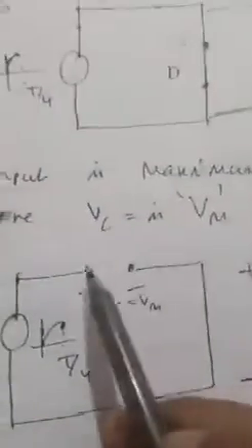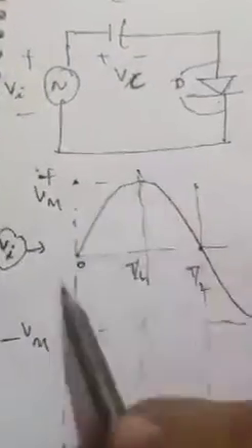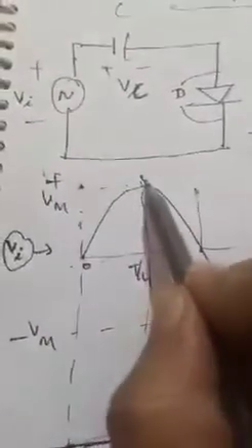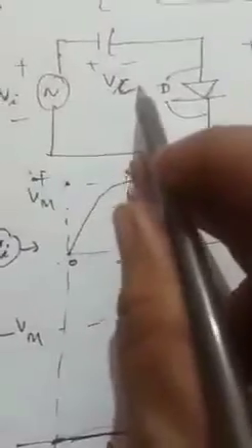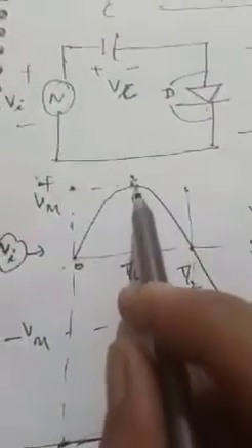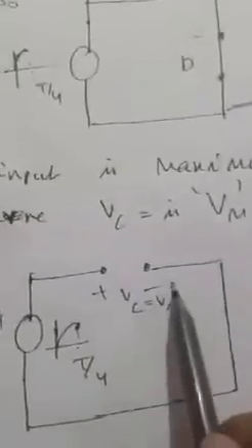During this time period, let us see how the circuit operates. Once the input during 0 to T by 4 reaches its peak value, the capacitor holds the maximum peak value, that means Vc is equal to Vm. Once it has reached, it acts as a voltage source. But when the input is going down, the capacitor is open circuit.